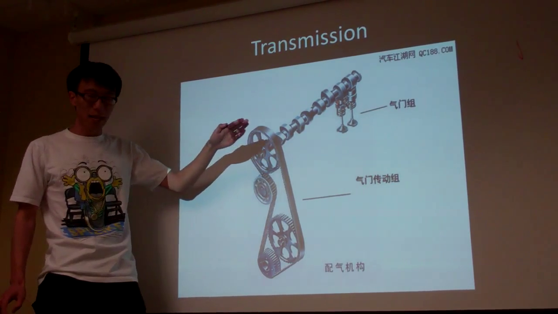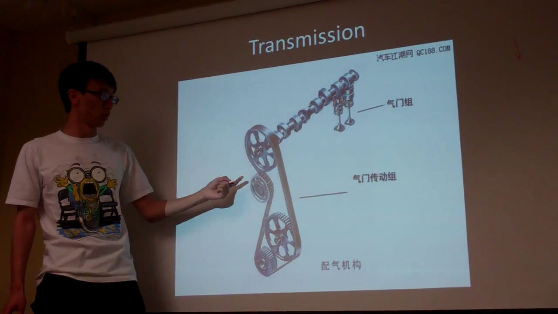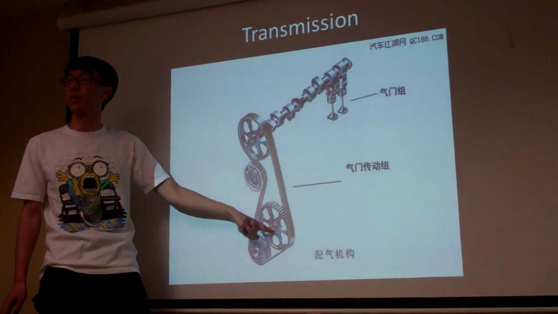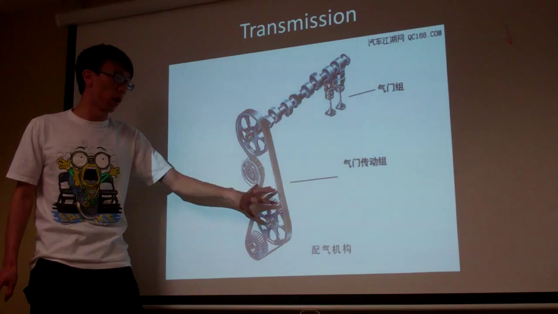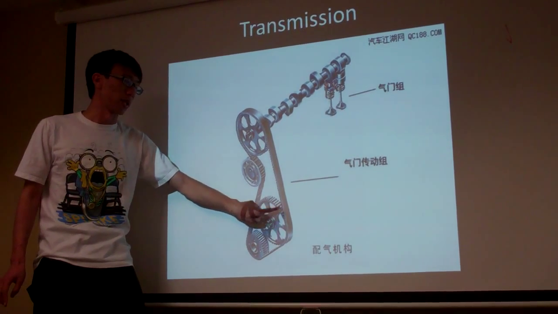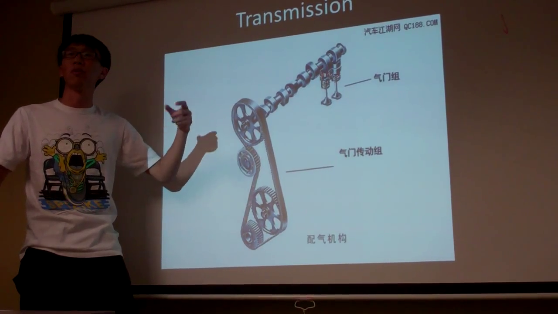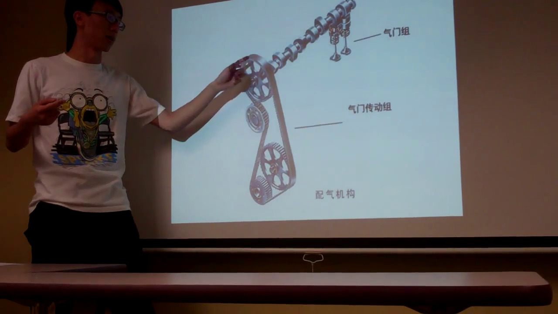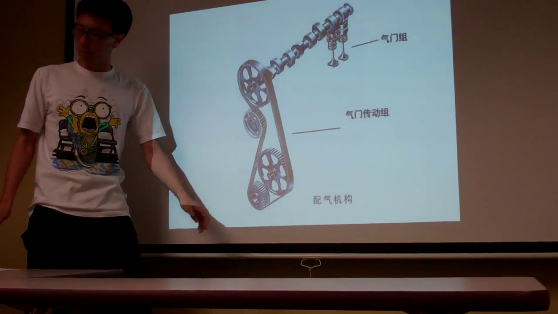After that, that axle is located here, and it will transmit the power to this belt. It's called the timing belt. This belt will transmit the power to the gear and to the main axle, to move forward, and the car goes.